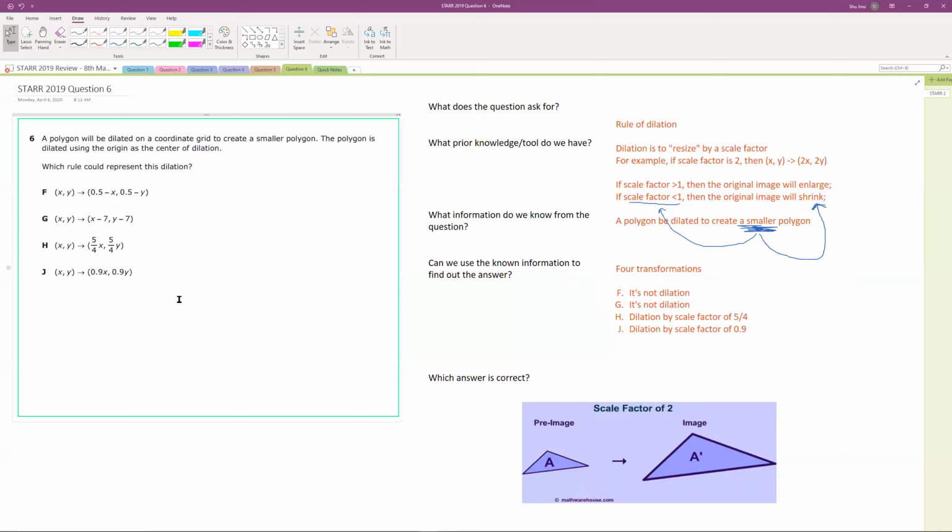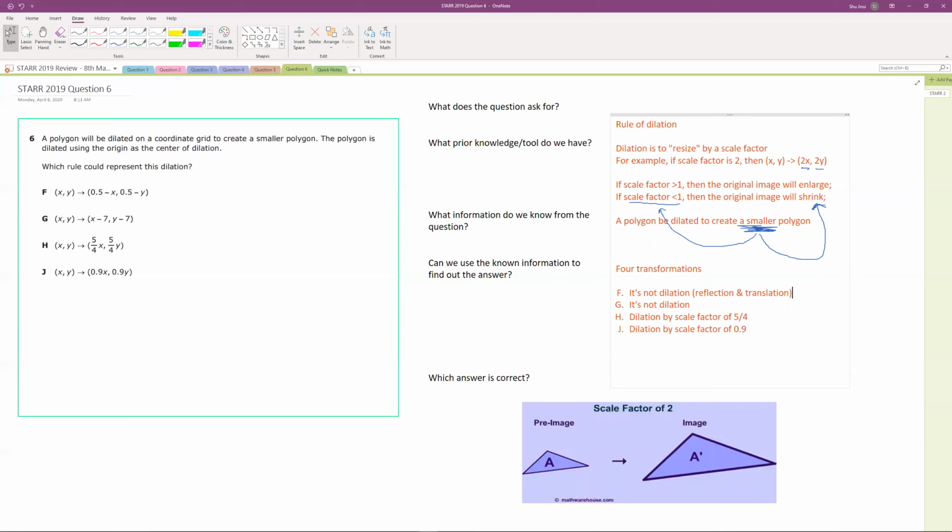Choice F, x and y become 0.5 negative x and 0.5 negative y. Now be careful, this is not actually a dilation. We say dilation, all the x and y will multiply by the scale factor. But here it's not multiplying by the scale factor. It's actually a reflection and at the same time a translation.